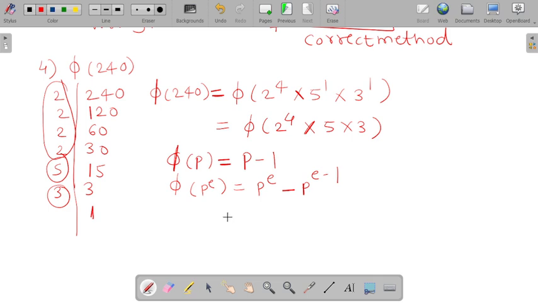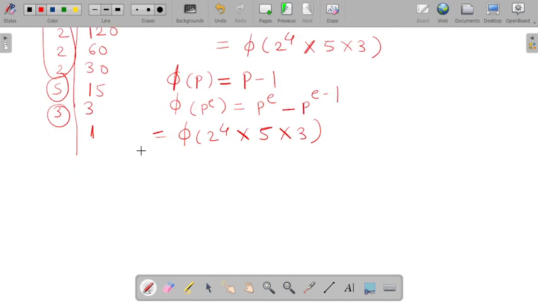So I am putting the values for phi of 2 raised to 4 into 5 into 3. So 2 raised to 4 you can write as 2 raised to 4 minus 2 raised to 4 minus 1, into 5 minus 1, into 3 minus 1.